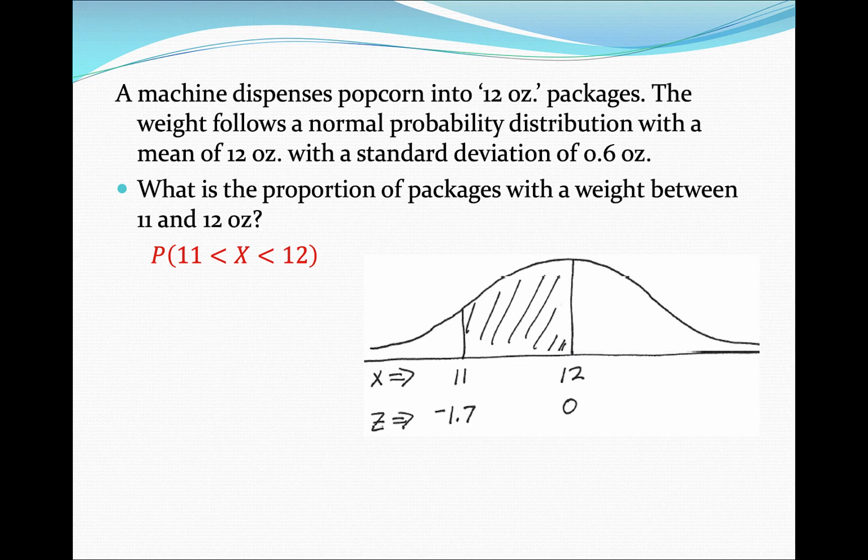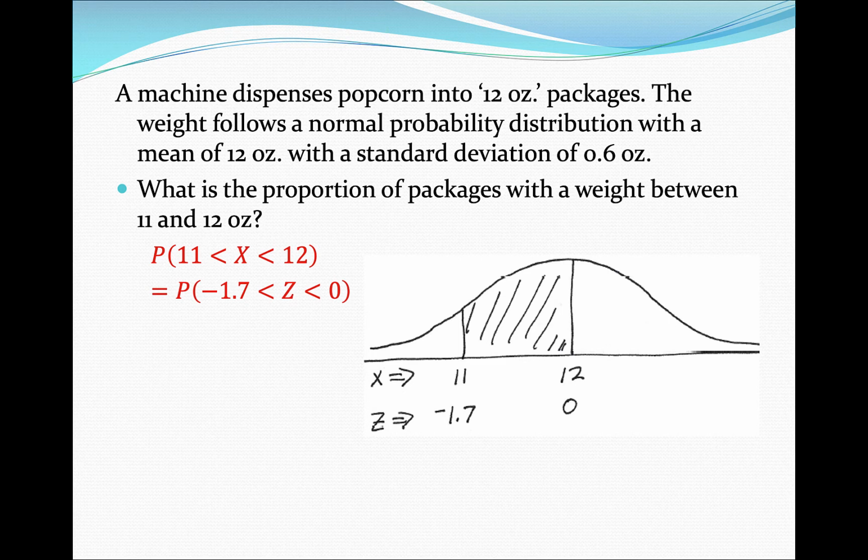Again, the picture is exactly the same other than the area that we're shading. Here we're shading the area just between 11 and 12. The z transformation is the same. We know the z for the mean is always 0, and we already calculated the z for 11 to be negative 1.7. So if we rewrite this in terms of z, this is mathematically equivalent to the probability that z is between negative 1.7 and 0.